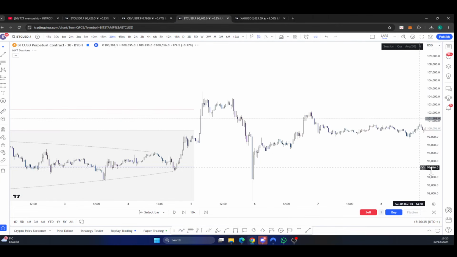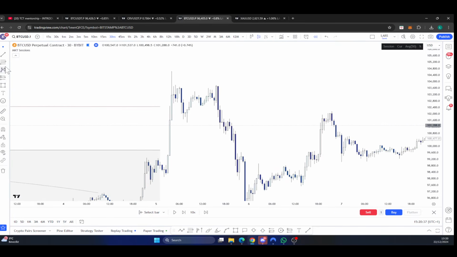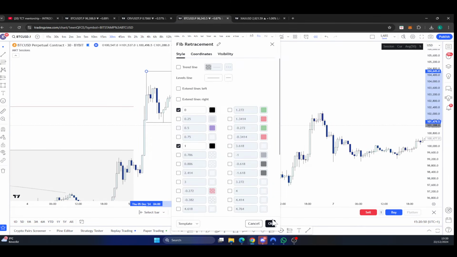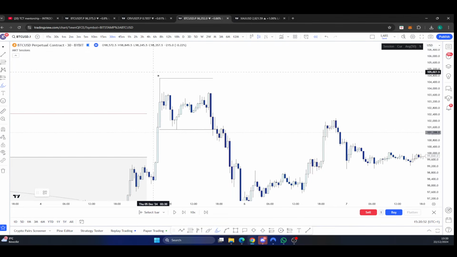Okay, so we're gonna drag this to the left, and we're gonna look at what that manipulation phase looked like. Right here, we can see the same thing where price creates a range right there. Let's get rid of this EQ. And you can see that you never grabbed your initial range high. You had your range high, you had your range low, and you never grabbed the original range high.